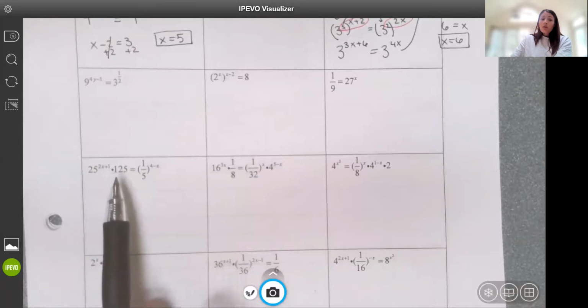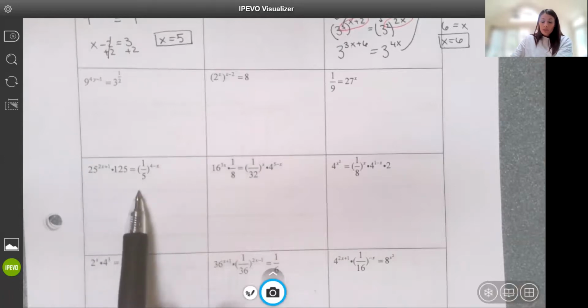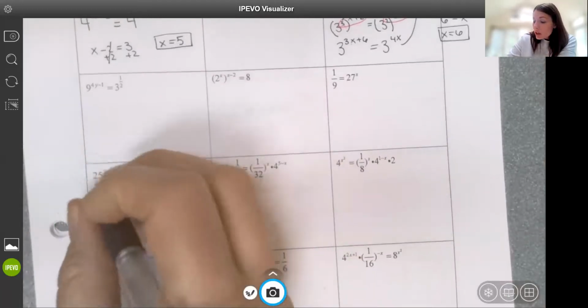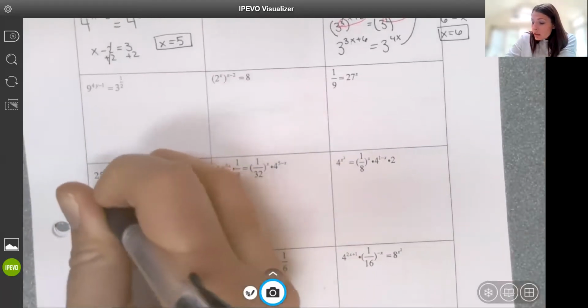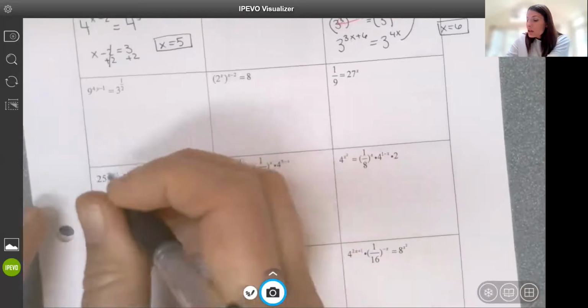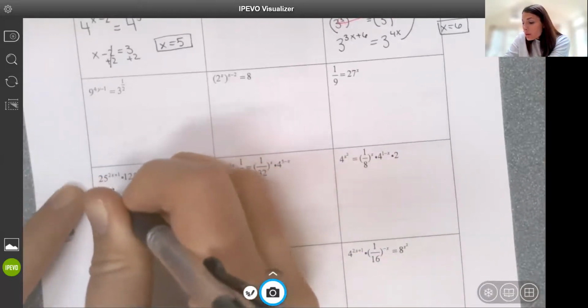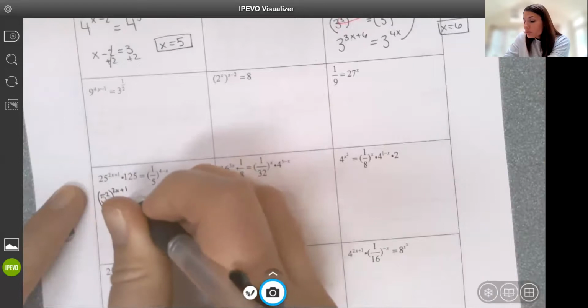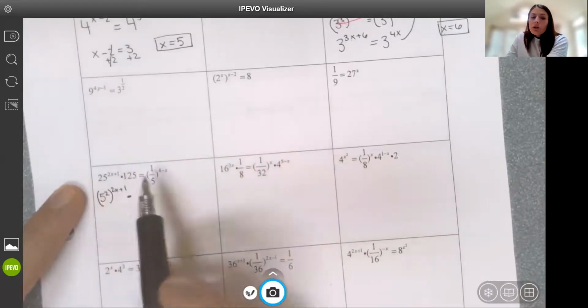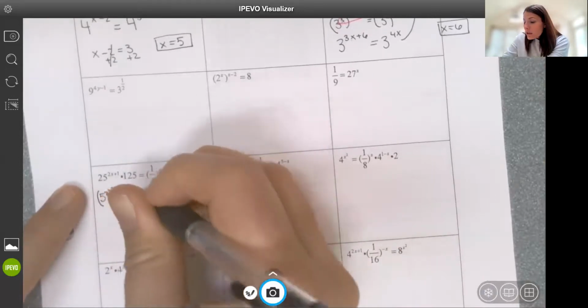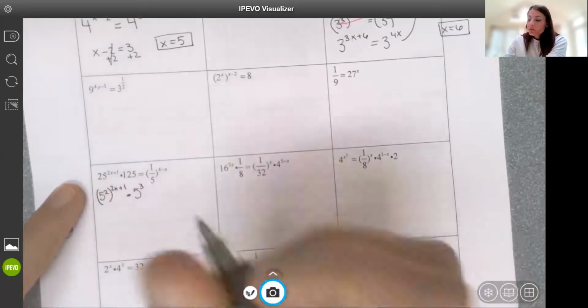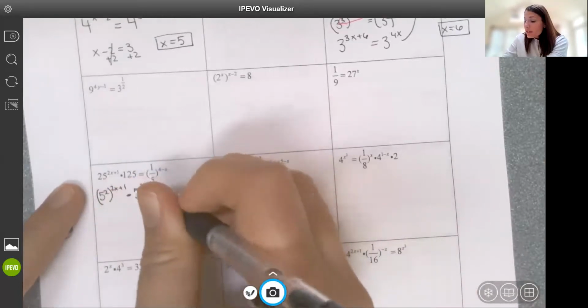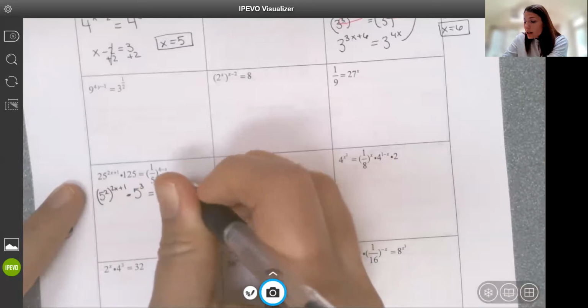So if I have 25, 125, and 5, 1/5, I can rewrite them all with a base of 5. Starting with the 25, I'll rewrite it as 5 squared. So I have 5 squared to this power of 2x plus 1, times 125, which I can rewrite as 5 cubed. 1/5, I can rewrite as 5 to the negative first.